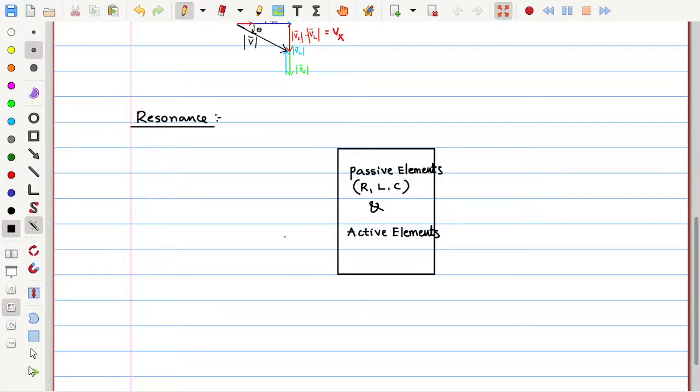Now, in this kind of circuit, resonance usually occurs in certain conditions.